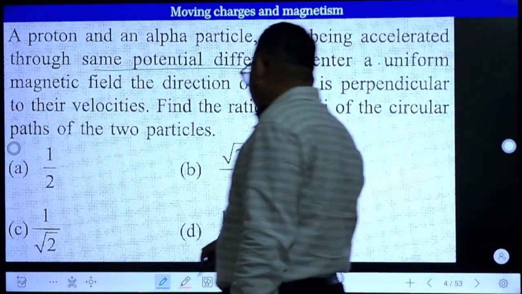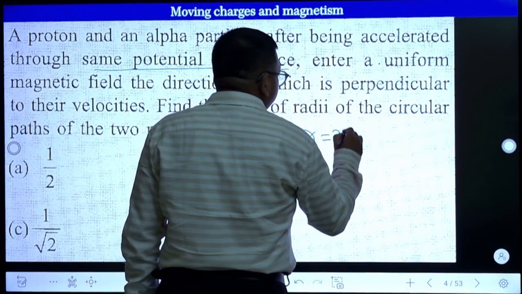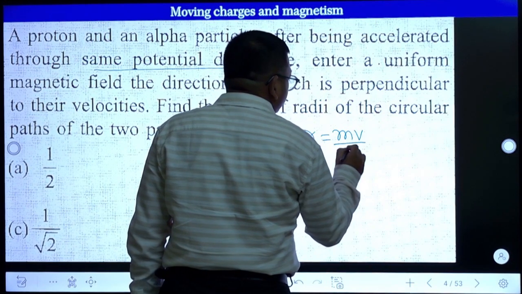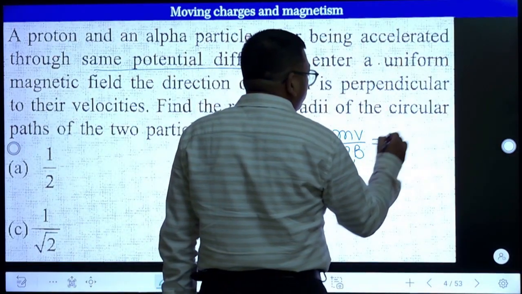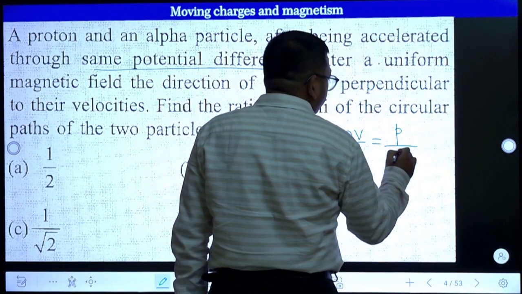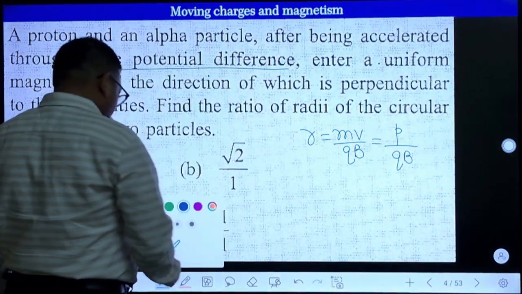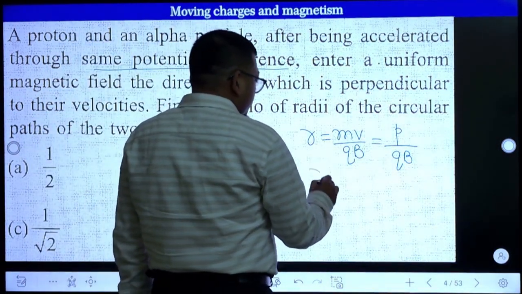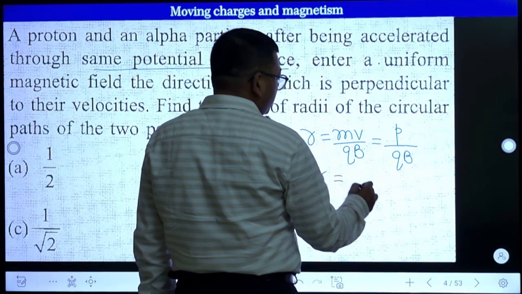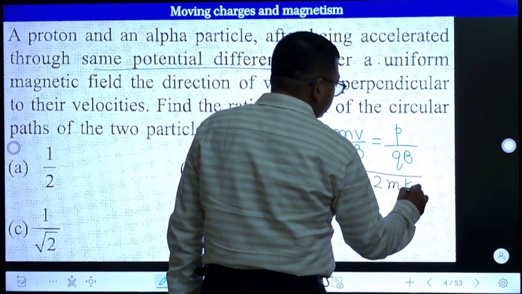So first of all you have to write the radius formula. Radius is equal to mv by qB. mv can be written as momentum p, so p by qB. Momentum can be written in terms of kinetic energy. So this radius can be written with momentum as root under 2 times mass into kinetic energy.